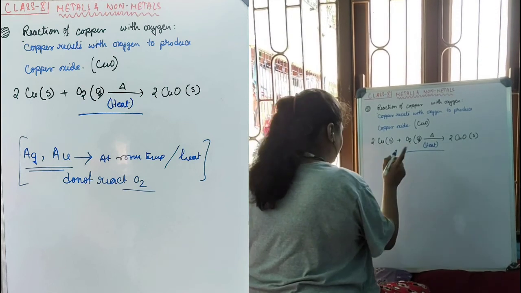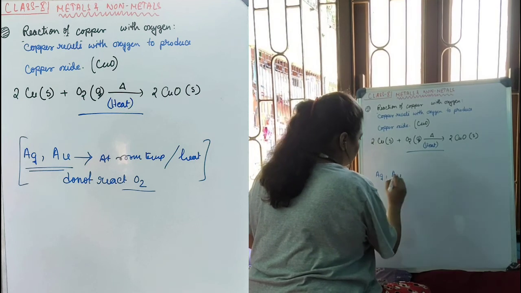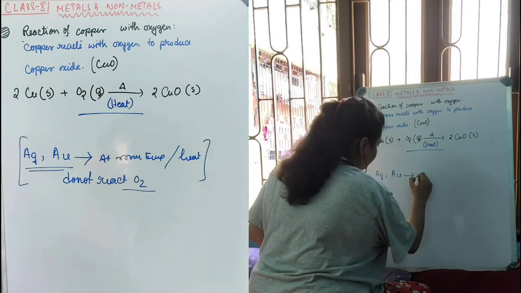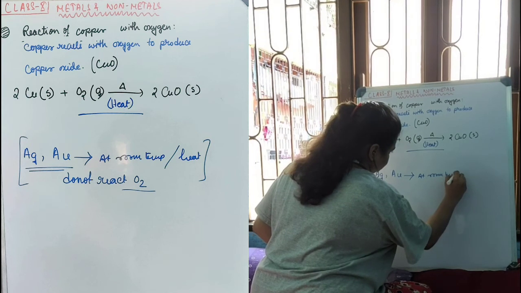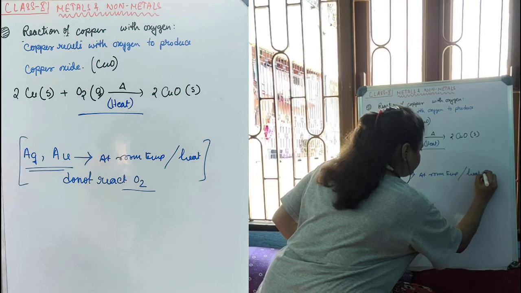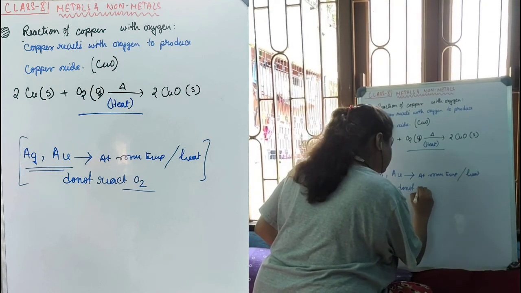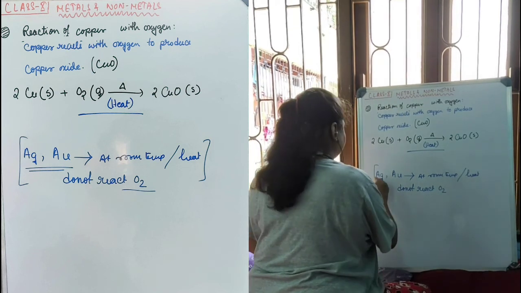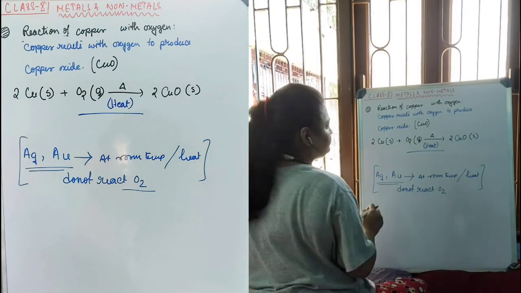On the other hand, silver and gold do not react at all with oxygen, not even at room temperature, not even when heat is given, because the reactivity of these kinds of metals is extremely low.